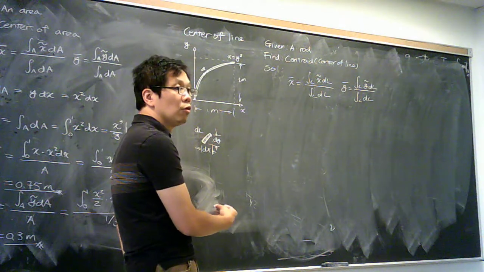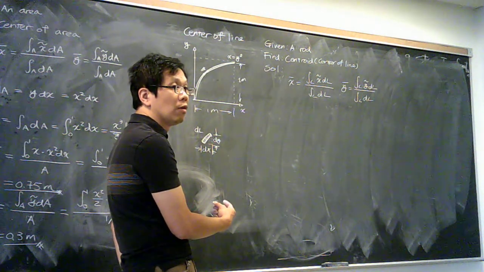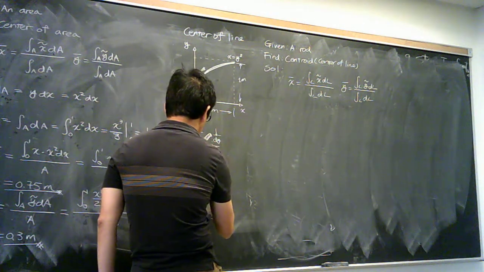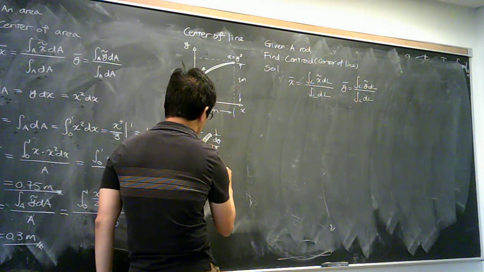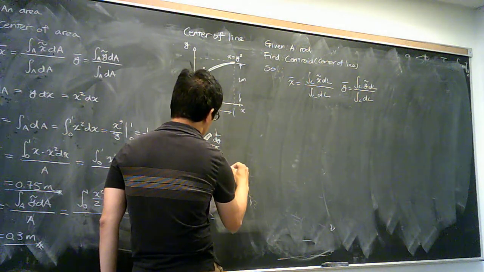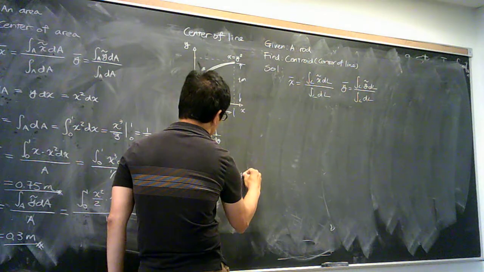So you know the triangular relationship, right? So you know that dL squared equals dx squared plus dy squared.